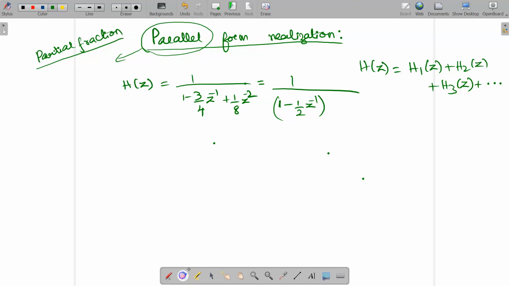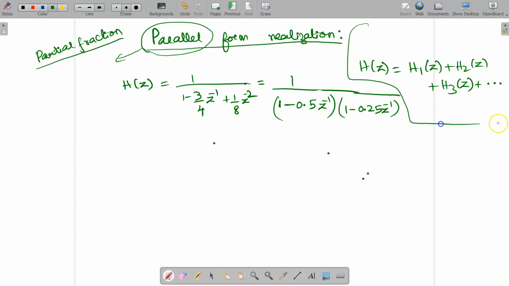That is what we have obtained. So either you can write in fraction manner or decimal values. So 1 minus 0.5 z inverse into 1 minus 0.25 z inverse. So use your calculator and factorize. This step we have already done. Okay. So we need to apply the partial fraction for this.